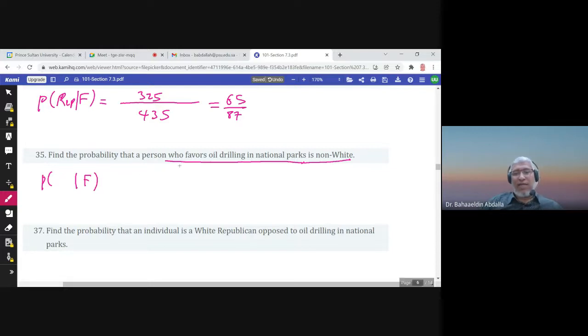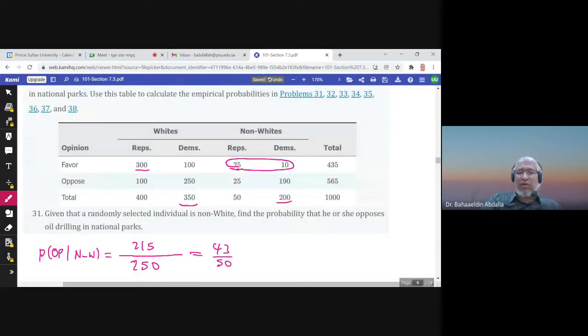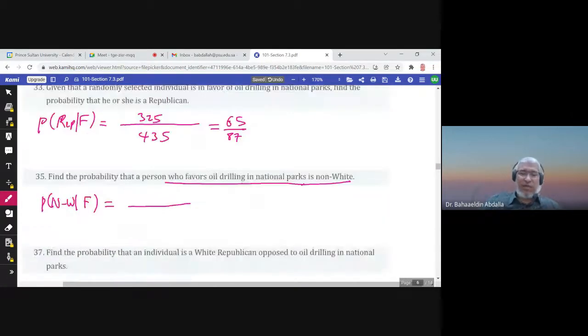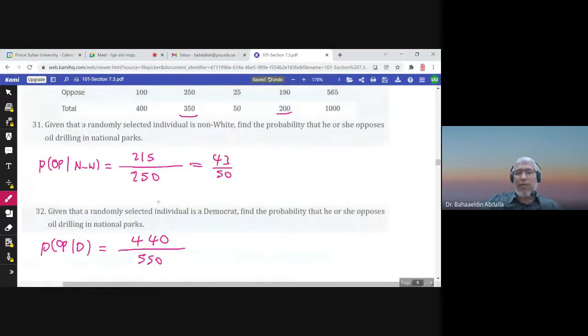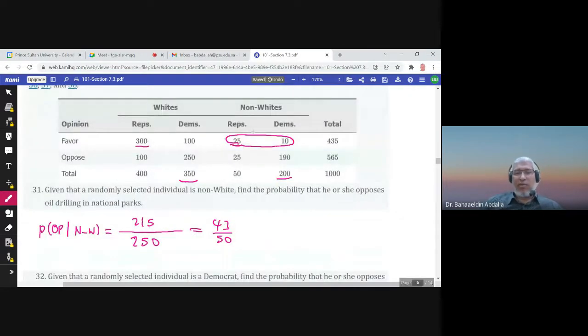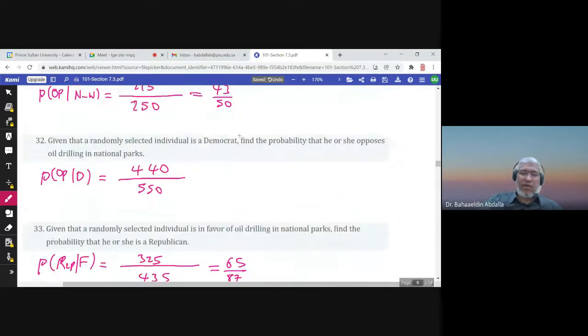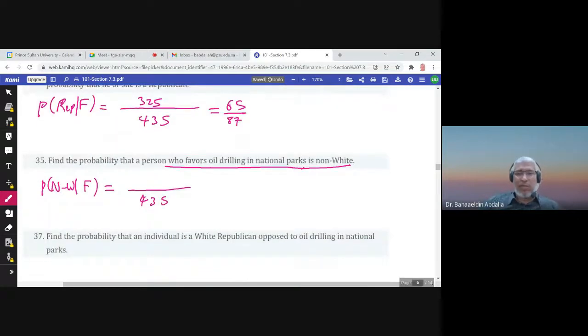So given that he is in favor, what is the probability that he is non-white? Pay attention to this kind of question. So in favor in total 435, and how many of them are non-white? 35. So this is another way of asking about given that.